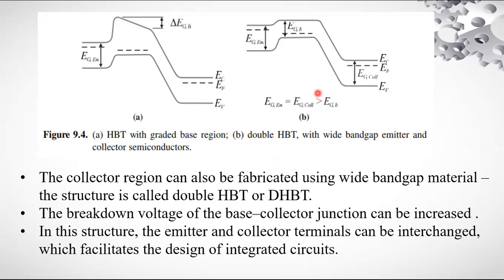So the breakdown voltage of the base collector junction can be increased, and the circuits made with DHBTs can be easily used in the design of ICs because the emitter and collector terminals can be interchanged. Okay, so that is another improvement in HBT, which is called DHBT, double heterojunction bipolar transistor.